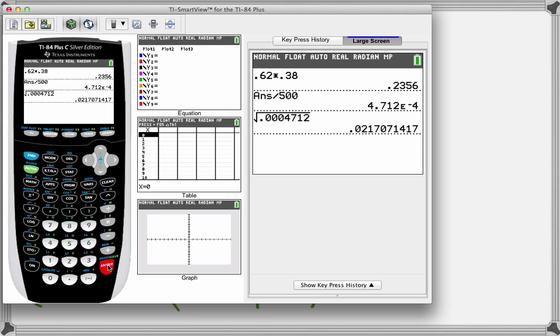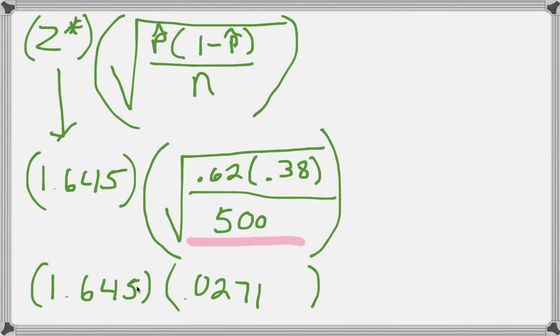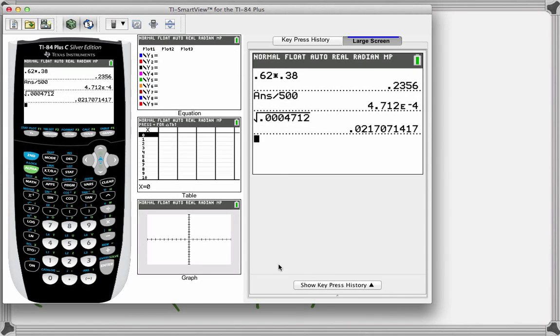And then now I can times that by my critical value. Okay, so I got everything in place right here. Now I'm going to go ahead and multiply that out. So let's bring that calculator back up and punch it in.